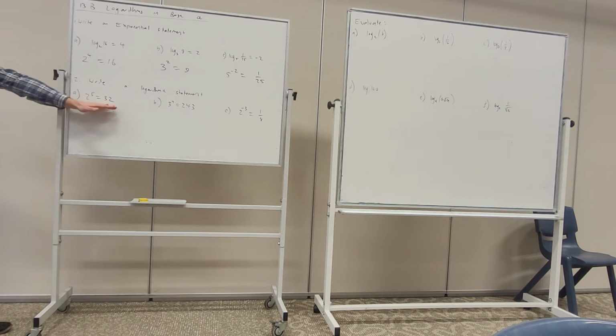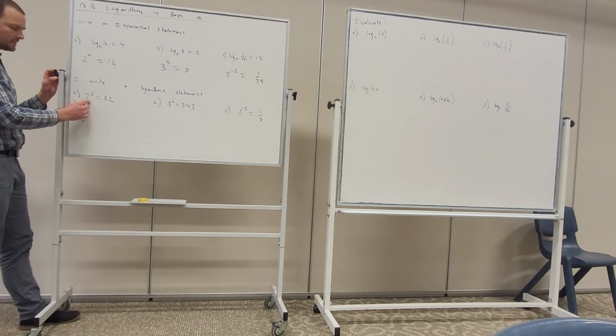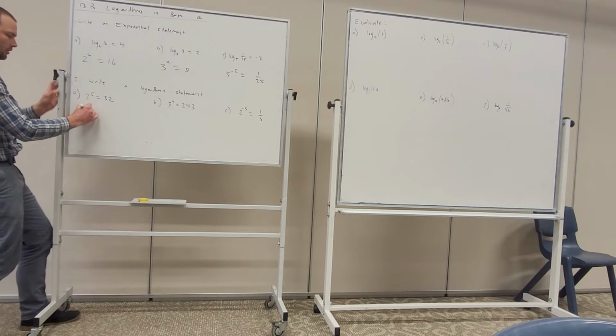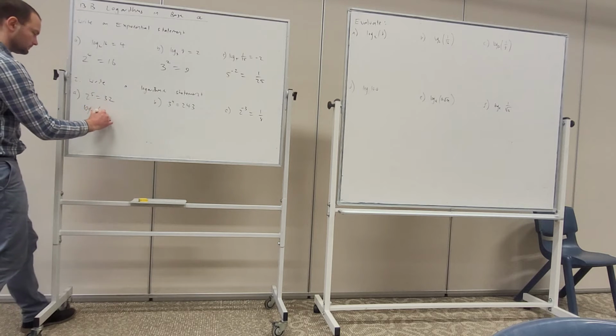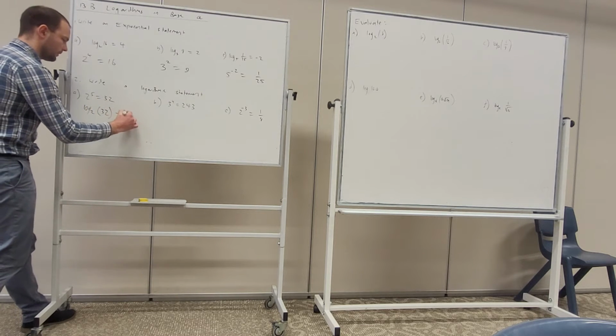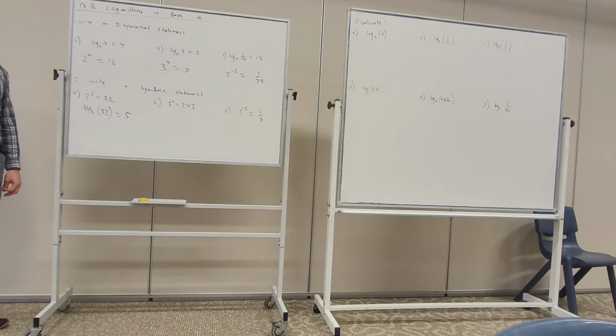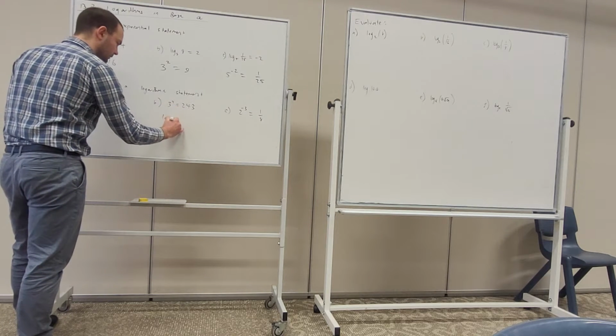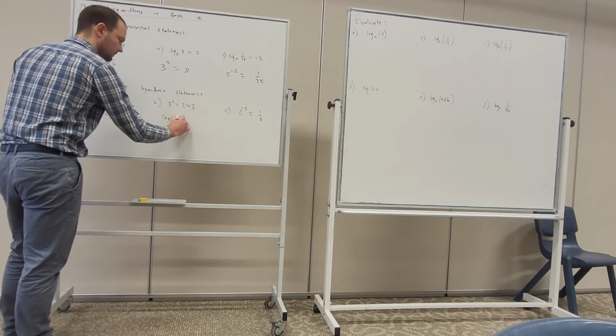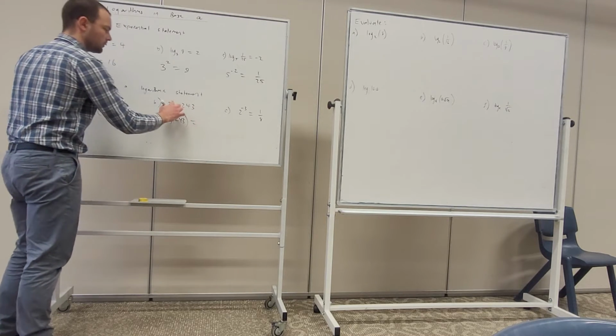Down here, we're going to do the opposite. We're going to start with the exponential statement and write a logarithmic statement. For the logarithmic statement, this is going to be our base. So we're going to have log in base 2 of 32 equals 5. Here our base is 3, so we're going to go log in base 3 of 243 equals 4.